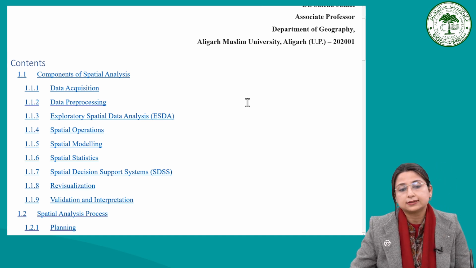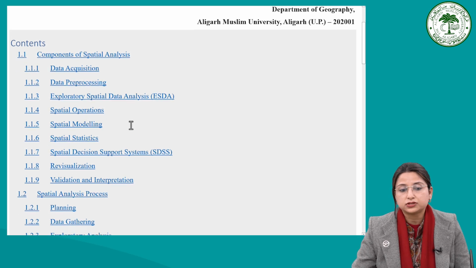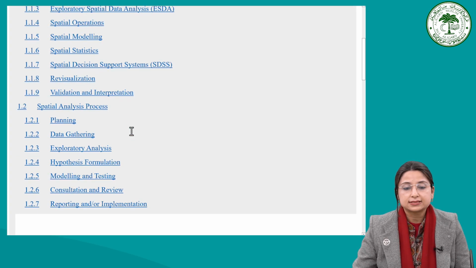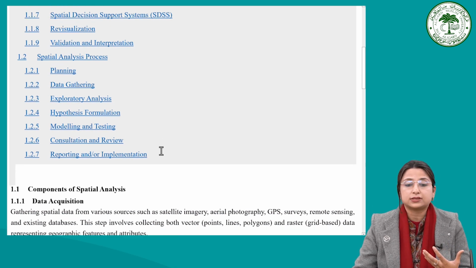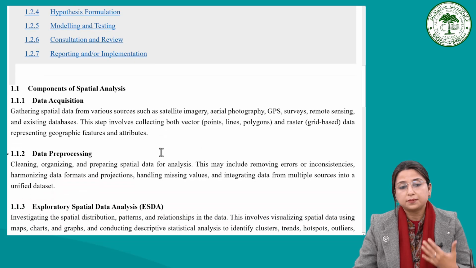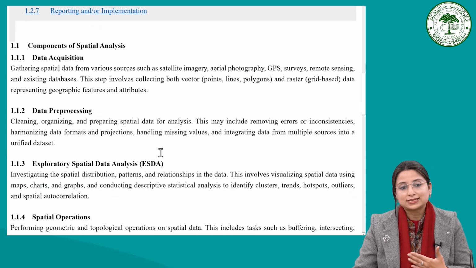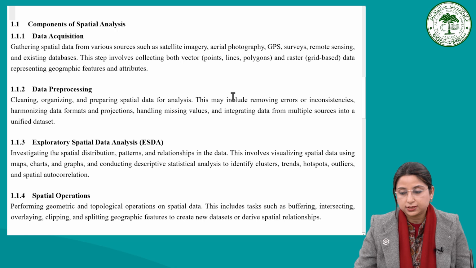After discussing these components, we will discuss the spatial analysis processes, how we are going to proceed with certain problems, and which steps are to be followed. So, starting with the components of spatial analysis.